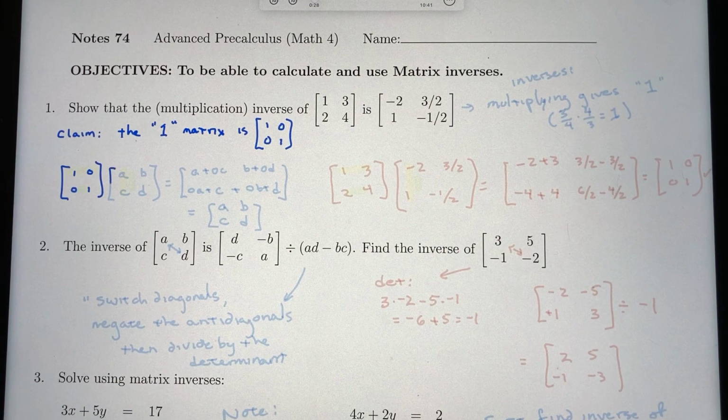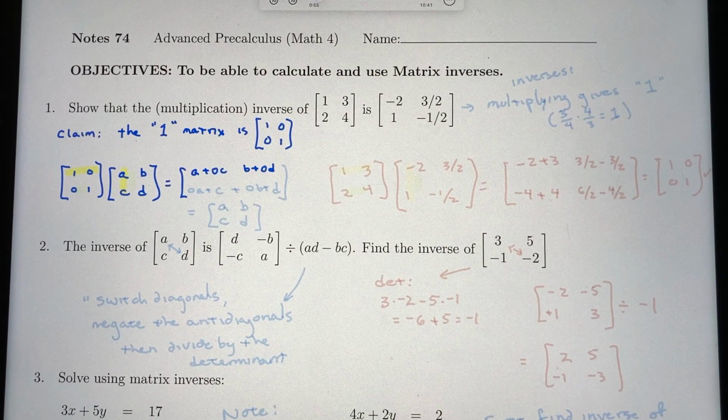Because what I need is, remember, it's rows on the left times columns on the right. I need to only get A. So this is A plus no C's. And then the right column would be B plus no D's.